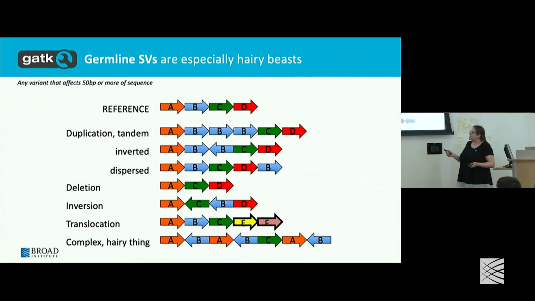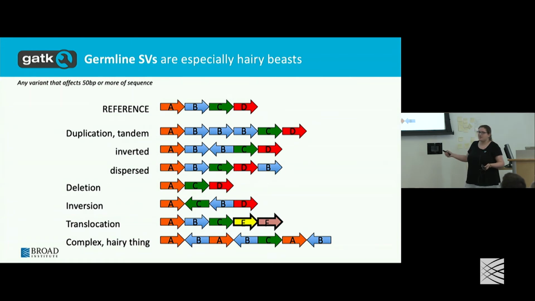Similar to copy number variants, you could have duplications where you have additional copies of B, but you might want to know where they ended up. You might have a tandem duplication where they're all next to each other. Maybe one of them was inverted. It could be dispersed, where one ended up in an entirely different location. You could also have a deletion where that B region was missing from your sample. But you could also have structural variants that don't involve copy number variation. So here we have an inversion.